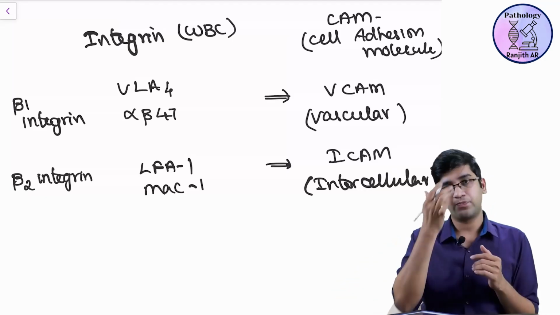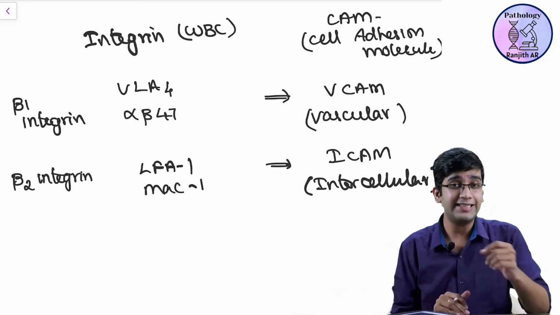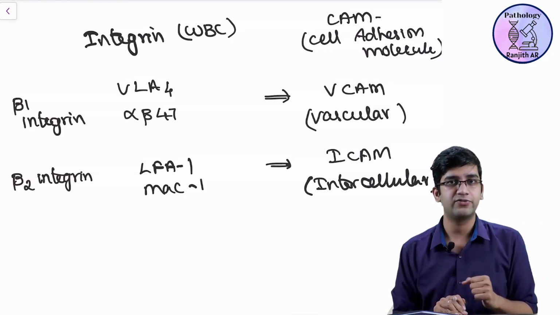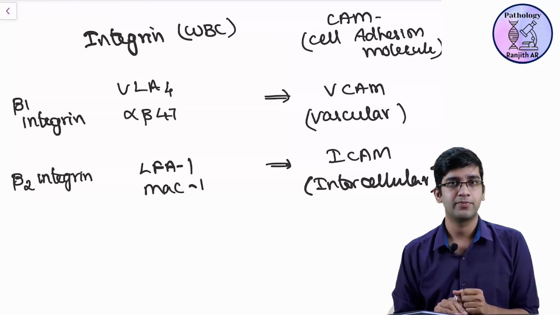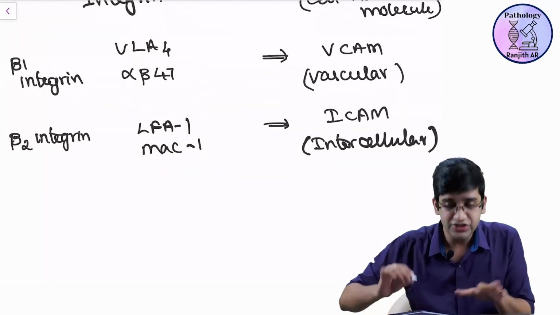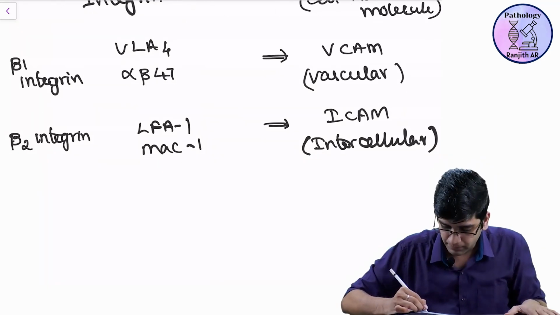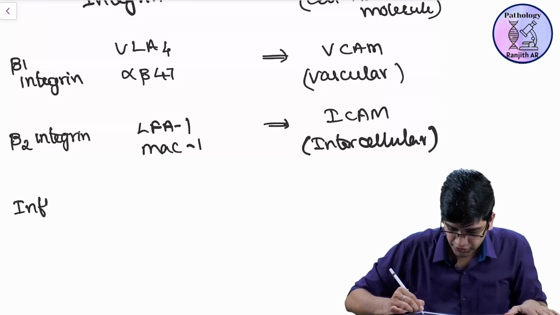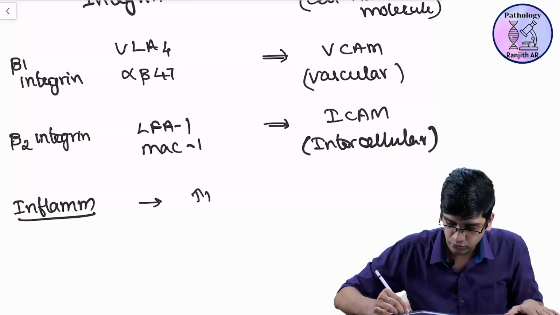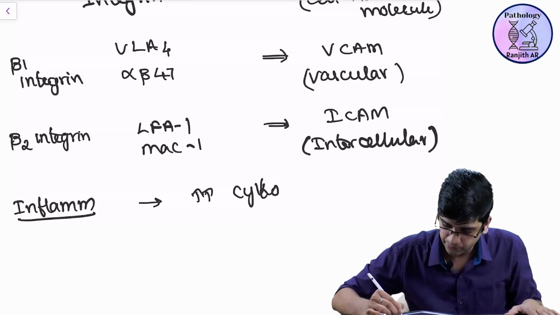That's how it binds. But as I said, initially integrin will be in an inactive form. Who makes it active is TNF and chemokines. Of the chemokines, interleukin 8 is very important here. So this will be in inactive form generally, but as a result of inflammation, I'm going to have an increase in the amount of cytokines and chemokines.